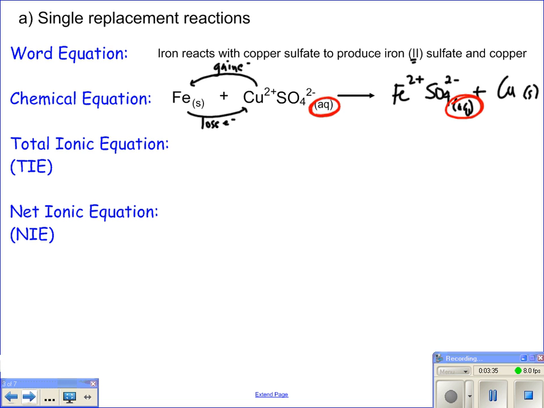I'm going to leave iron alone because it is a solid and an element as a starting reactant. Then I'm going to take this compound here and split it into its positive and negative parts. I see that I have copper 2 plus, which is aqueous, swimming around in that reaction vessel, and sulfate ions swimming around in there, also in the aqueous state.